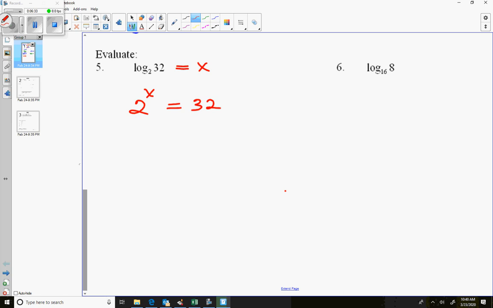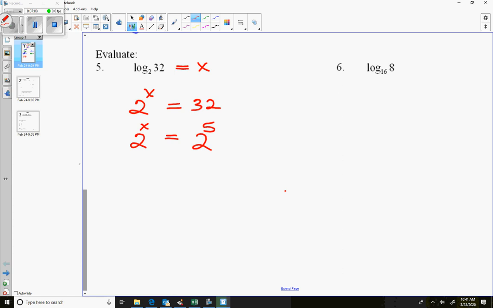Now at this point, we do it just like you did the exponential equations a few lessons ago. We are going to rewrite 32 with a base of 2. So 2 to what power is 32? It's 2 to the 5th power. 2 times 2 is 4, times 2 is 8, times 2 is 16, times 2 is 32.